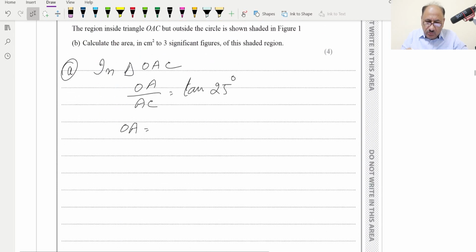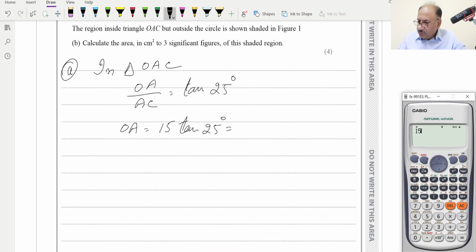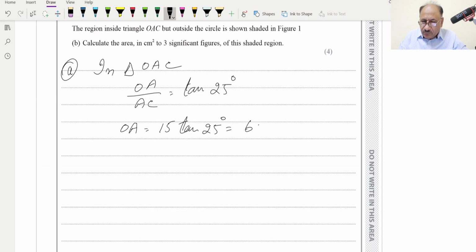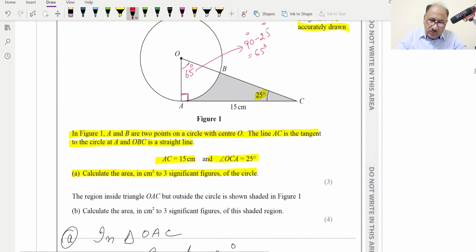AC is 15, so we will write 15 tan of 25 degrees, and if we calculate 15 tan of 25, this will be equal to 6.99, and this is OA. OA is this one, so 6.99 is the radius.